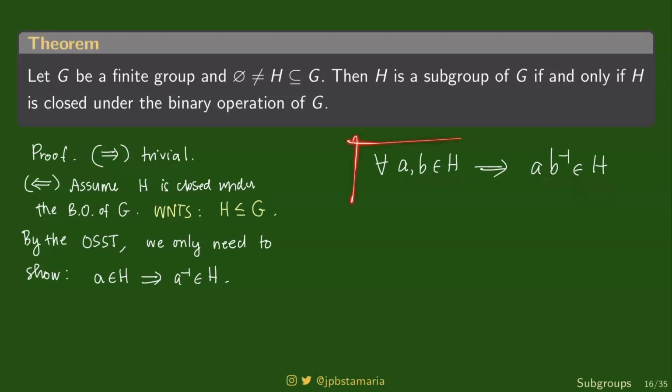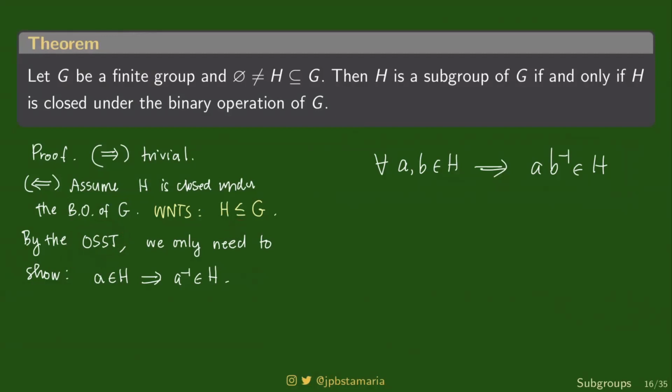At pag ito ay nag-hold, sabi ng one-step subgroup test, subgroup na si H ni G. Kaya ang ipapakita ko, na-reduce ko na lang dito sa napakasimpleng bagay na to, closure under inverses. Once I was able to prove this, it's like proving the one-step subgroup test. And eventually, ma-imply nga na si H ay subgroup ni G.